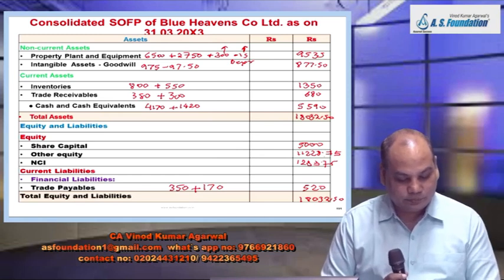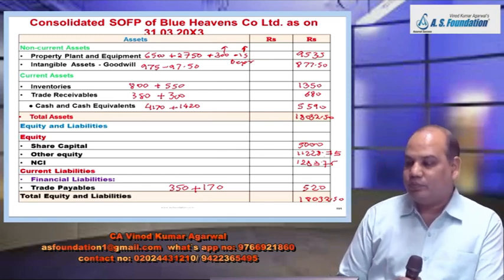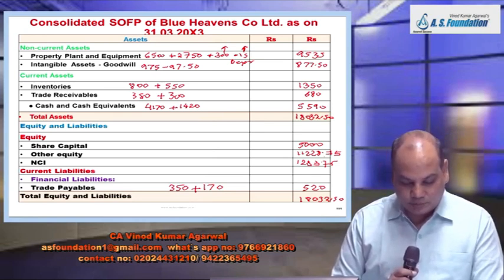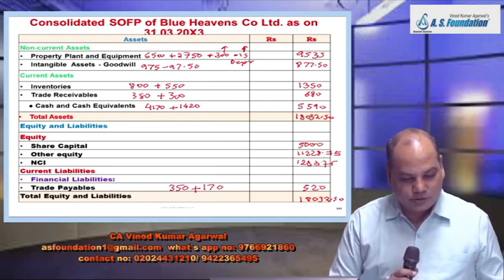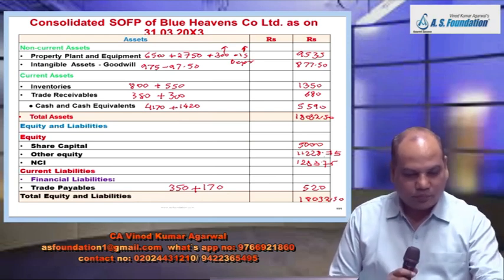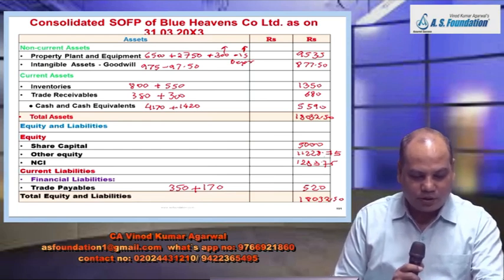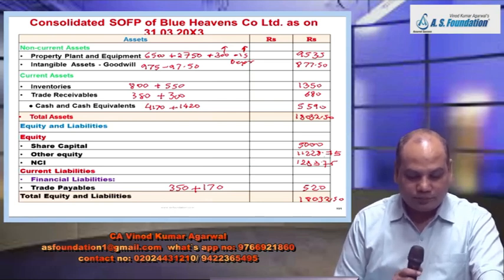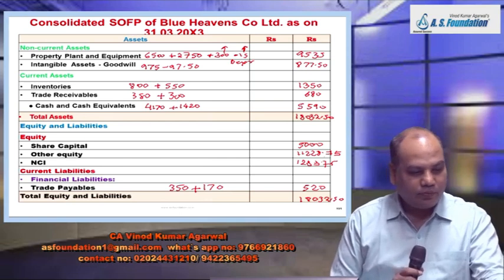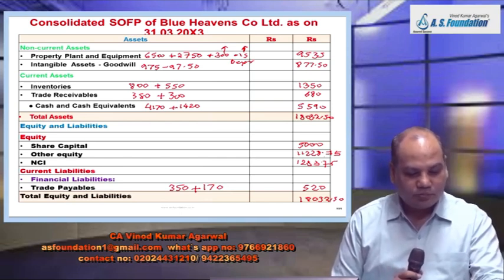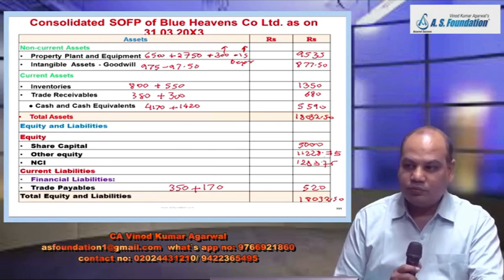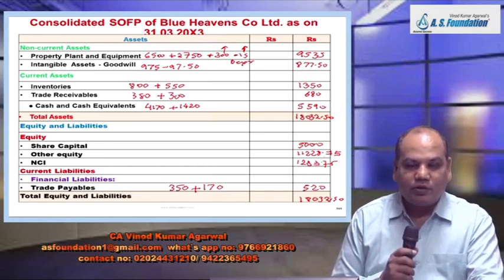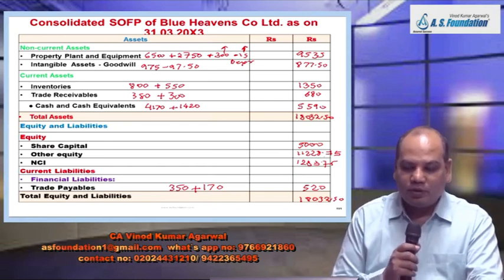Write one note. Impairment of goodwill is not adjusted in NCI because NCI is based on proportionate share in net assets.